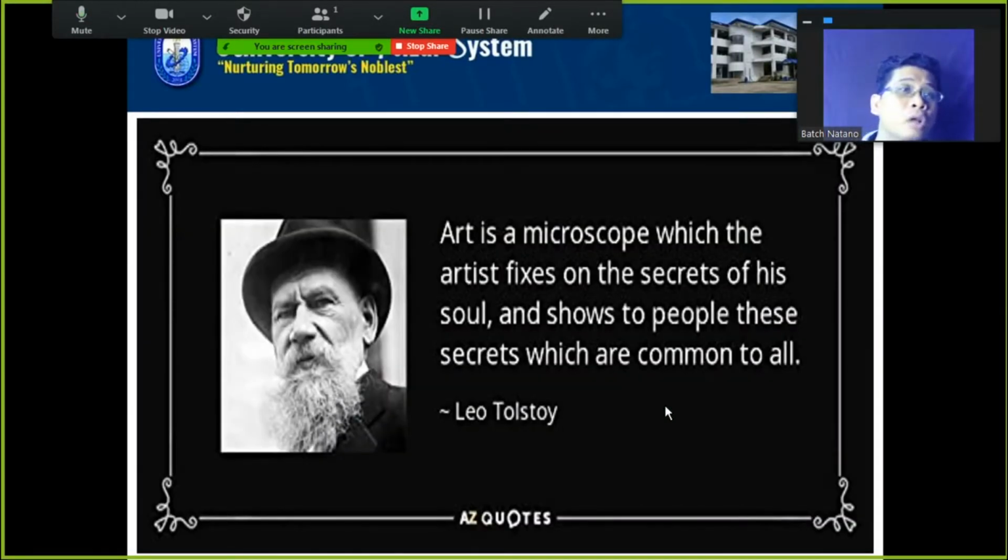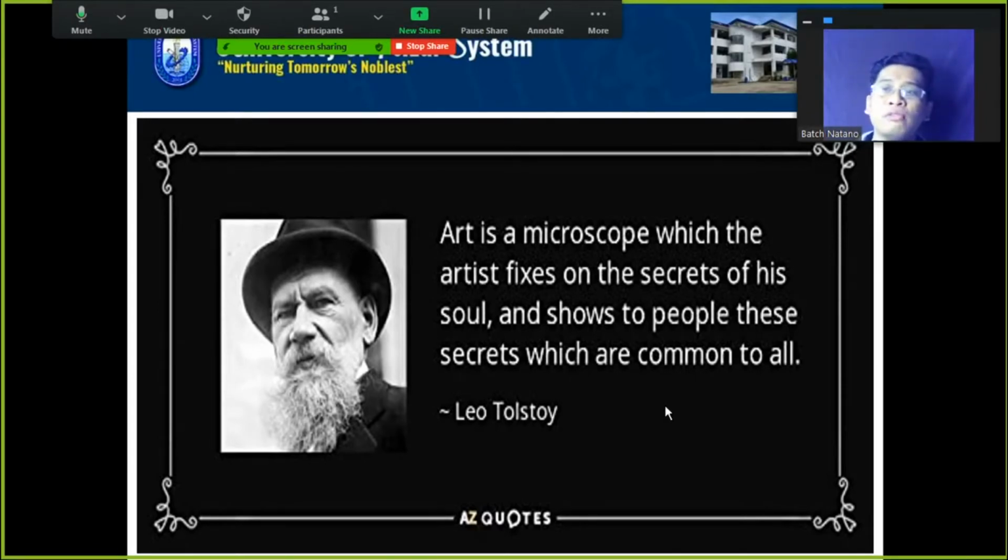Sabi niya pa, art is a microscope which the artist fixes on the secrets of his soul and shows to people these secrets which are common to all. Okay? So, microscope. Alam naman natin microscope, di ba? It's an instrument that we use in order for us to see the microscopic object. Ibig sabihin, yung pinakamaliit na object.